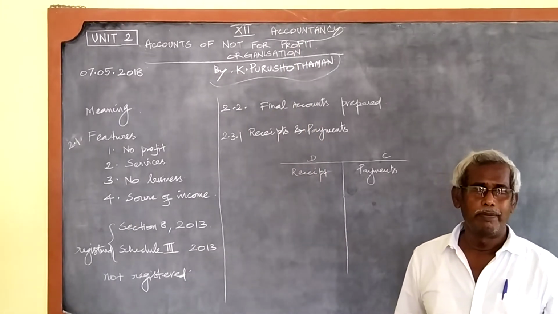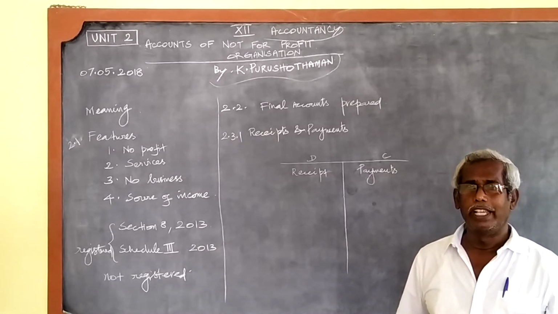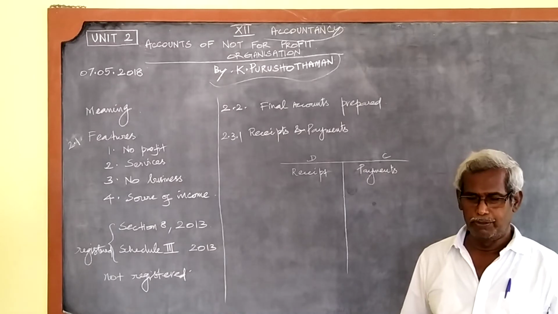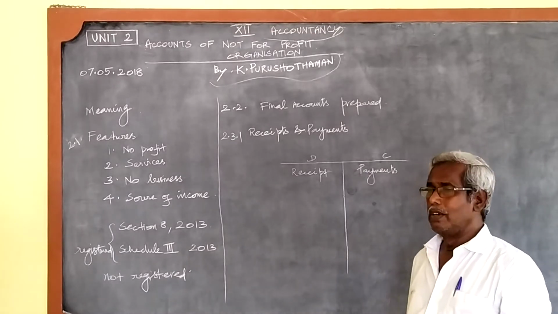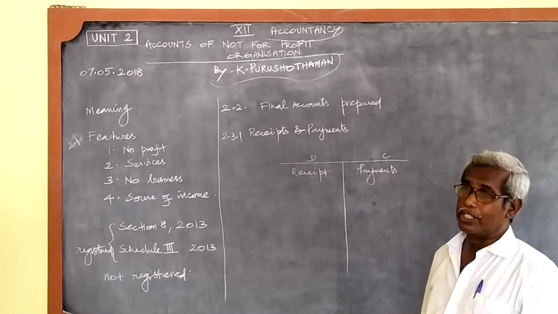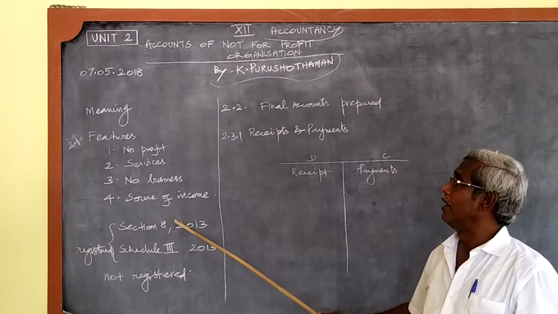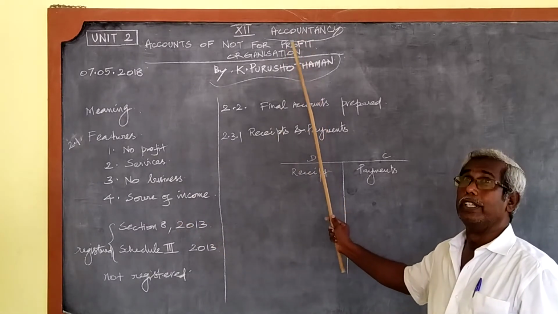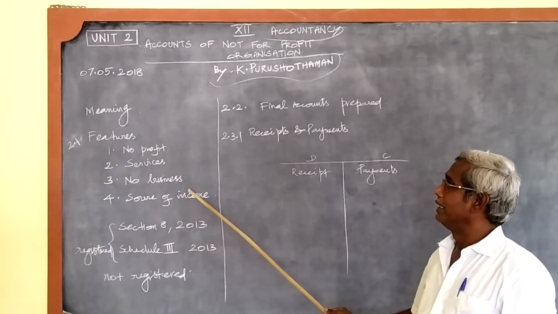So, from any kind of will, life membership subscription, annual subscription, or donations, the source of income is available for this not-for-profit organization. So, this is the source of income.